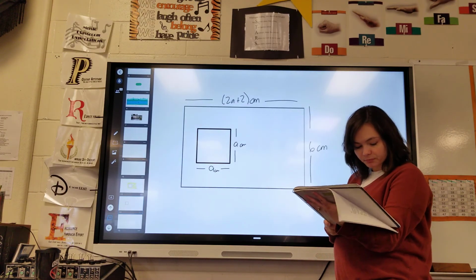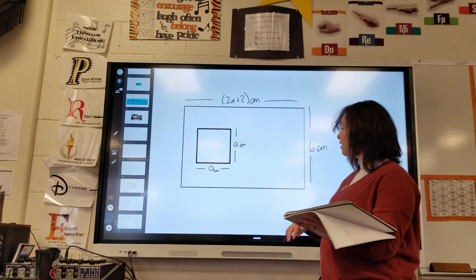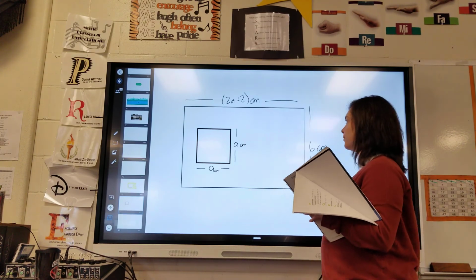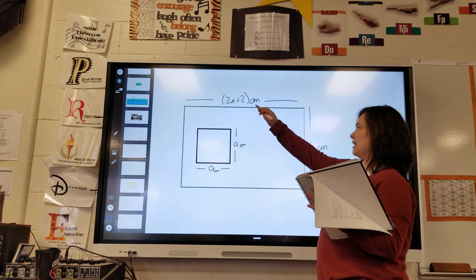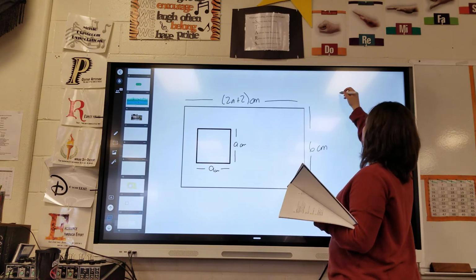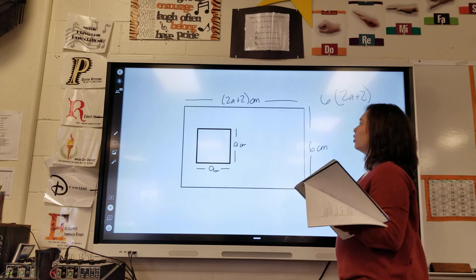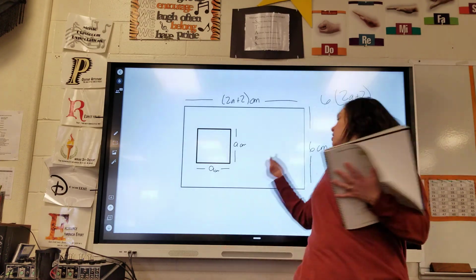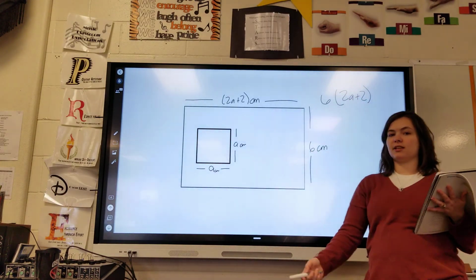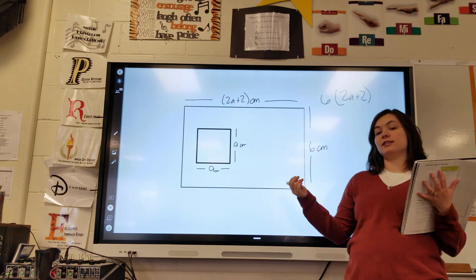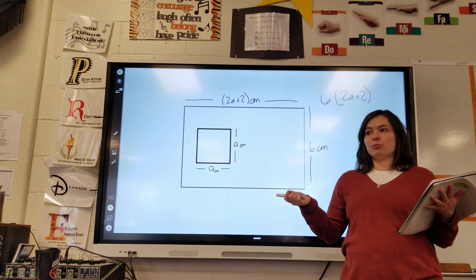First, how do we find the area of the entire rectangle? We're going to take the base times the height. So 2a plus 2 times 6. This looks just like the previous lesson where we were trying to simplify algebraic expressions using number properties.